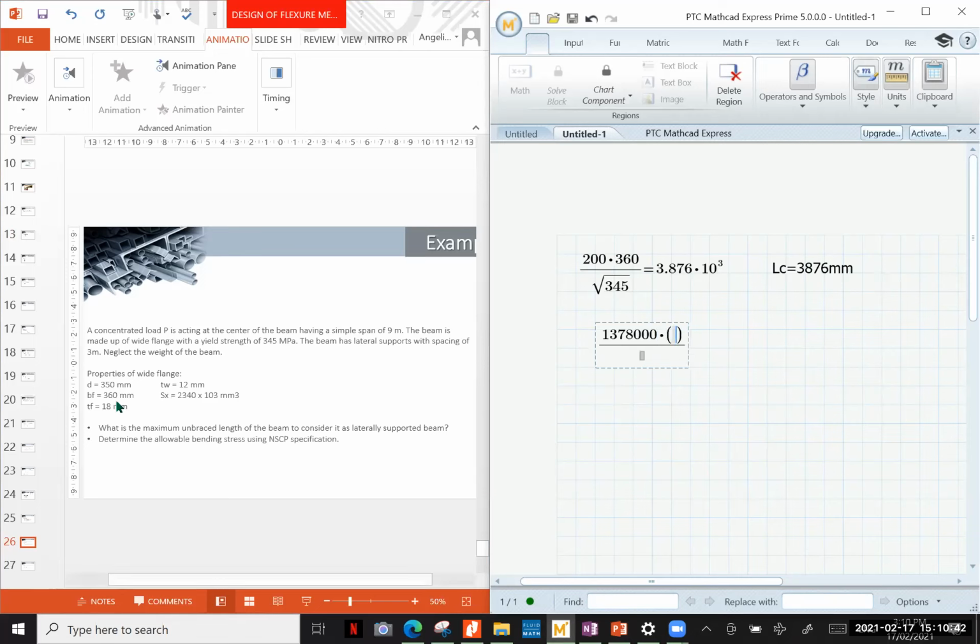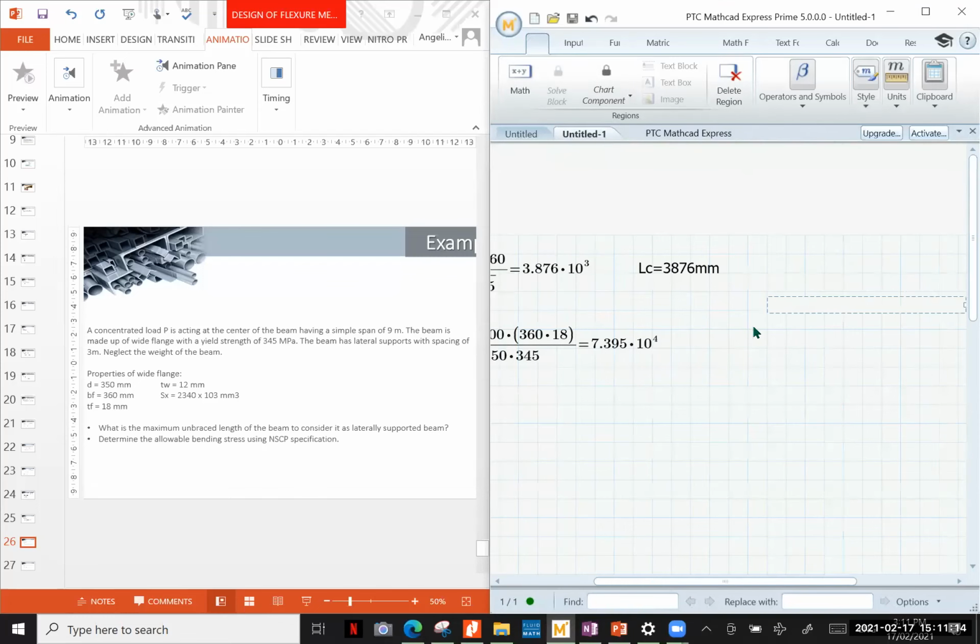Di ba sabi ko area ng flange? Area BF times TF, 360 times TF is 80, over DFY. Depth is 350 times your FY 345. Tama ba? So, yung LU natin is equal to 7,395 mm.